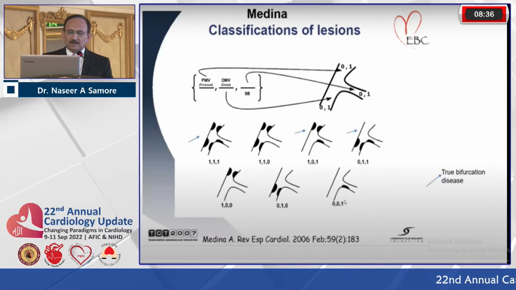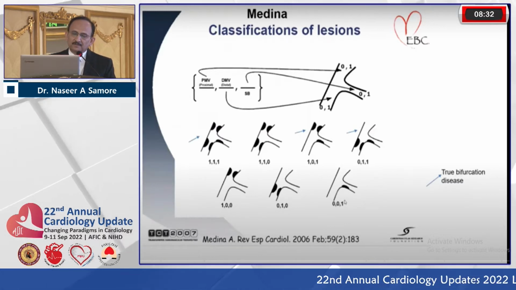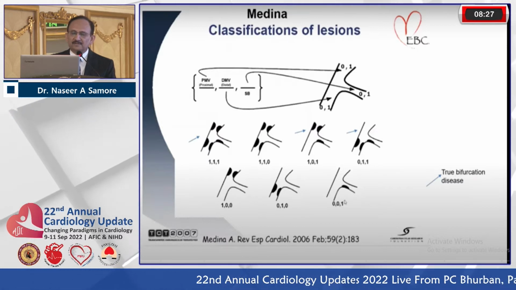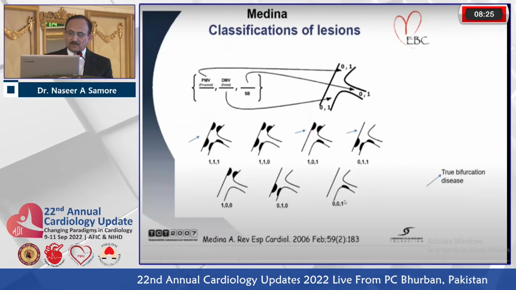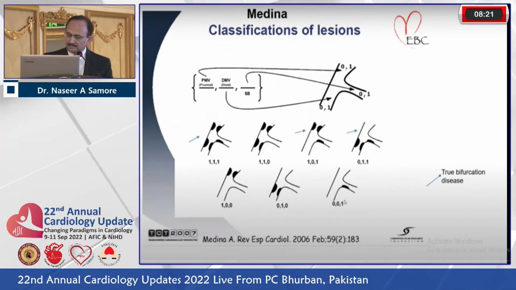For example, in the first arrow shape, there is a critical lesion in the proximal as well as the distal main vessel and the side branch, and this is Medina 111. Similarly, we can label all these lesions.